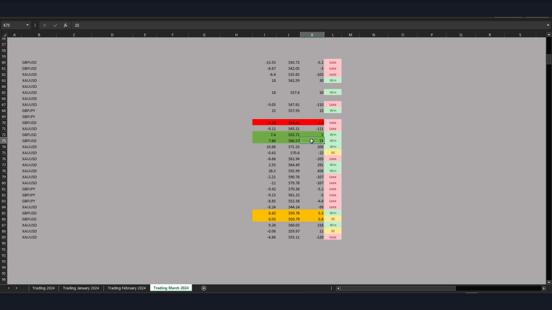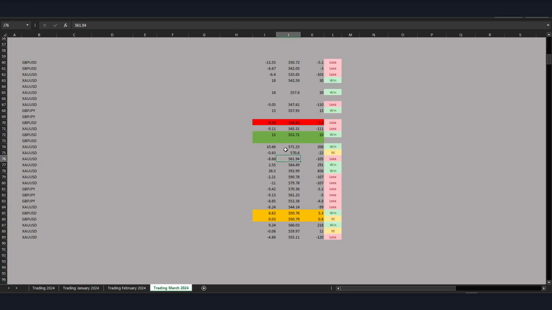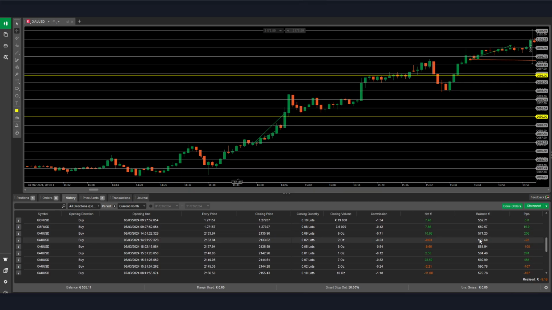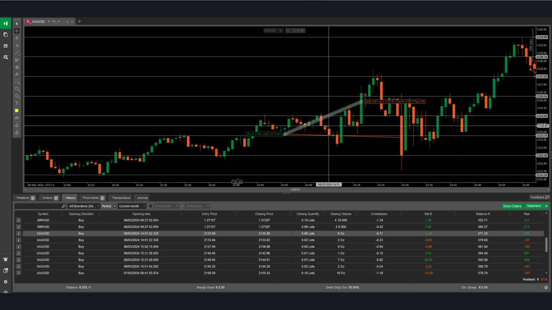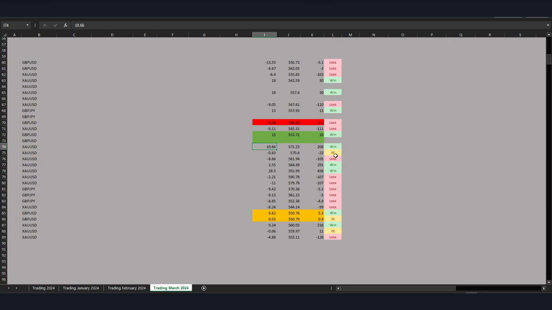Then loss. This one would have been only one single win, which would have been a 10 pip, which would be double of that, which is a 15. This one would have been, I think, a break even, the one of 1066. No, this one, yeah, no, would have been a win. So would have been a win like this.